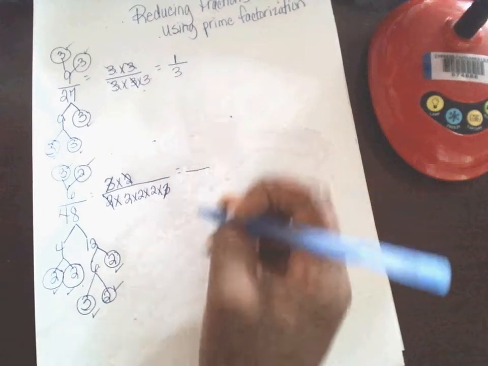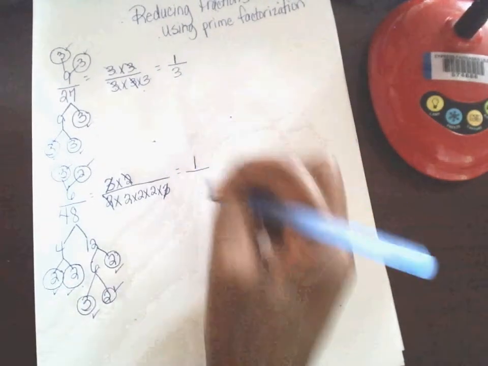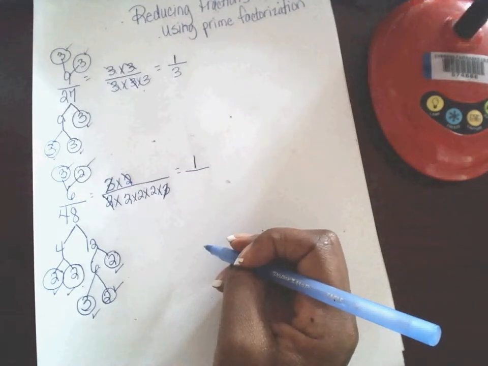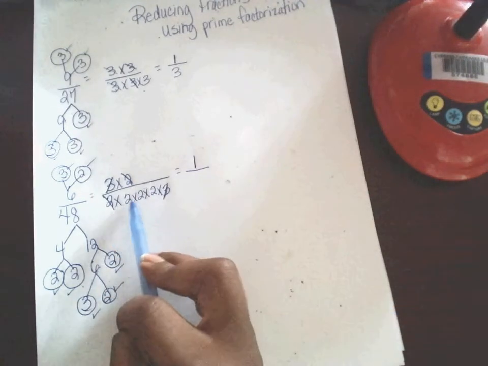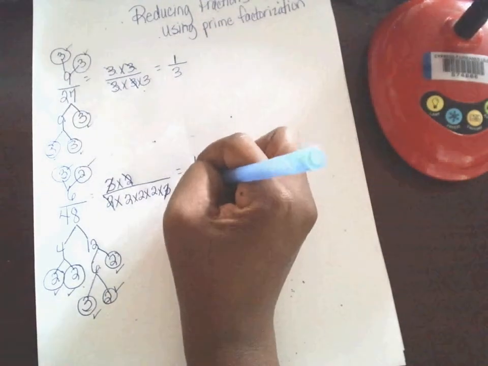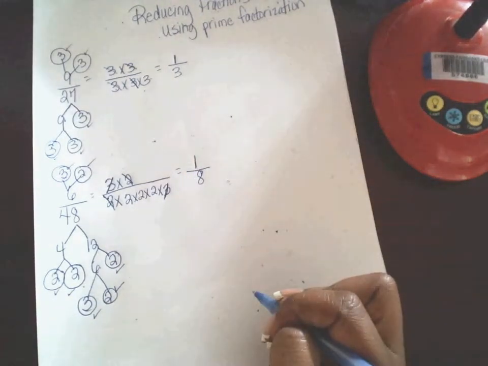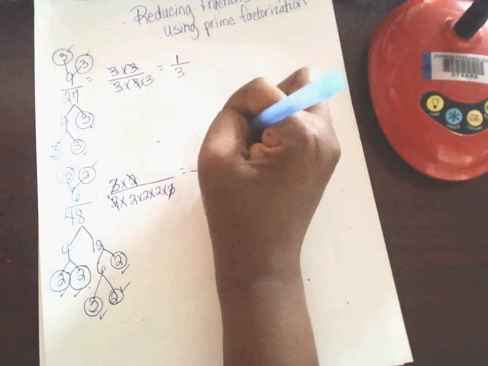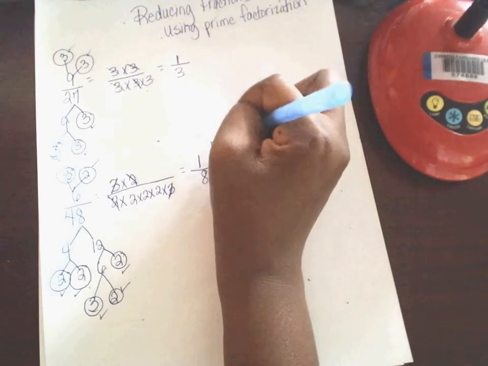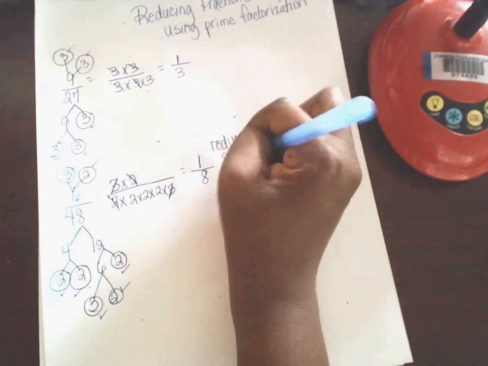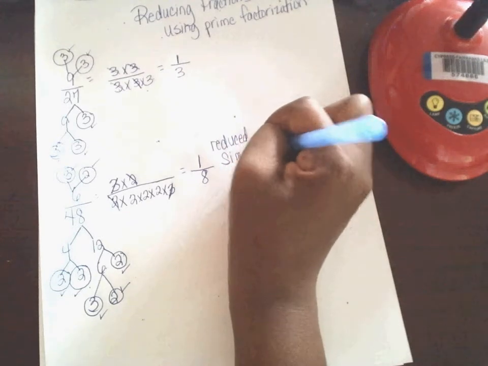Now, you don't have anything left to divide out at the top, so you're just going to put your 1 there. And at the bottom, you're going to multiply those numbers to get your new denominator. So now I have 2 times 2 is 4. 4 times 2 is 8. Okay? So our new reduced or simplified fraction, you'll hear it called both, you might hear it called reduced, or you might hear it as simplified.